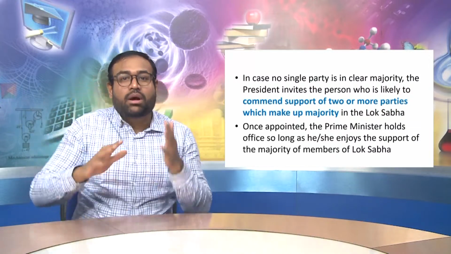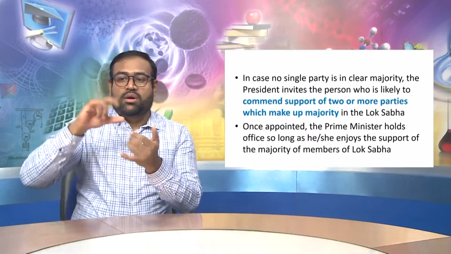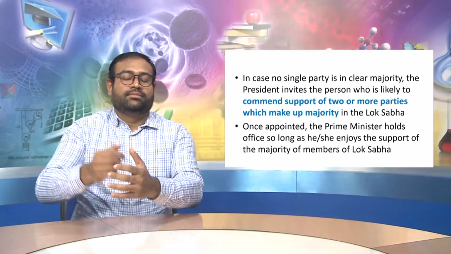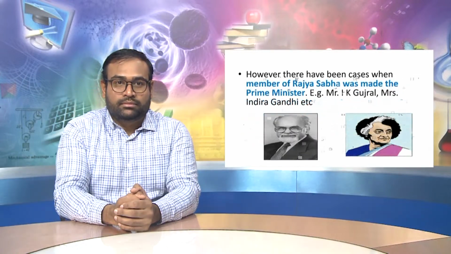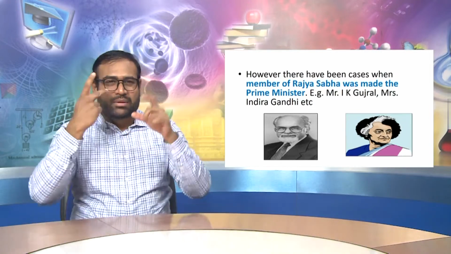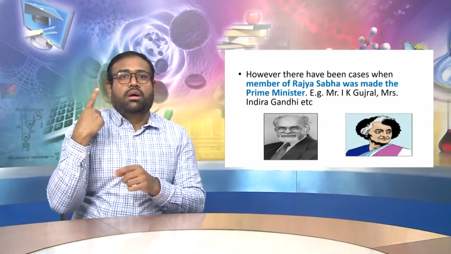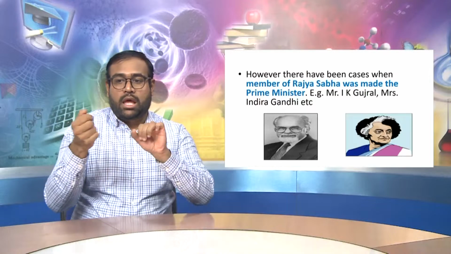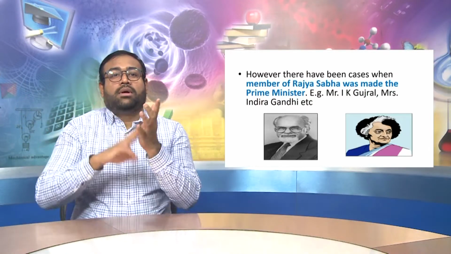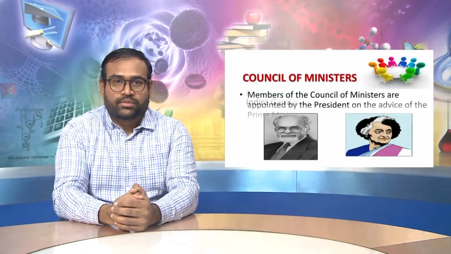Once appointed, the Prime Minister holds office so long as he or she enjoys the support of the majority of members of Lok Sabha. However, there have been cases when members of Rajya Sabha were made the Prime Minister, for example, Mr. I.K. Gujral and Mrs. Indira Gandhi, etc.